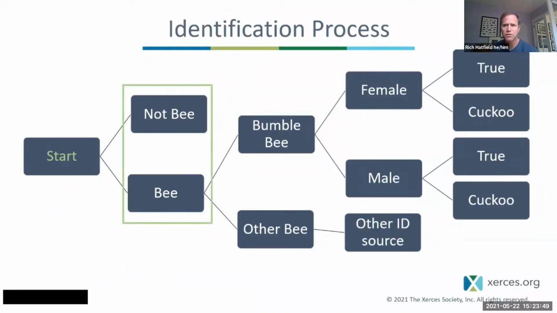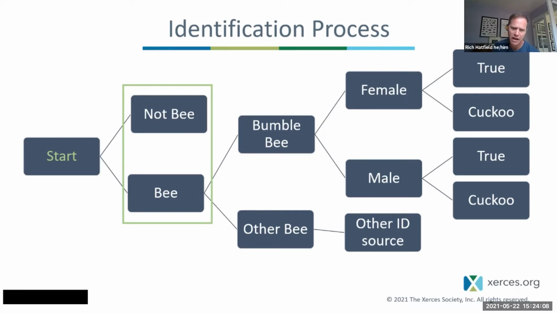This is a flow chart that I've developed over the years for seeing an animal on a flower and trying to figure out whether it's a bumblebee and what species it is. The first question you need to ask yourself is, is it a bee or is it not a bee?